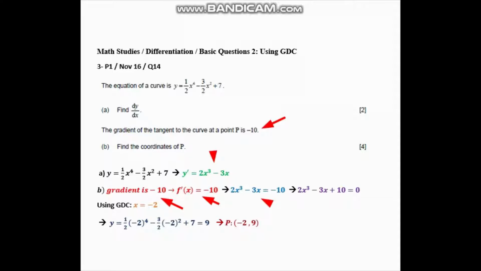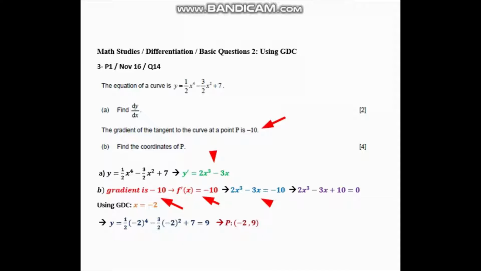And this equation is difficult to do manually, so you're going to have to use the GDC in this question, unlike the previous one where you could have actually done some factorization and solved manually. But the same procedure applies as we said in the previous question.